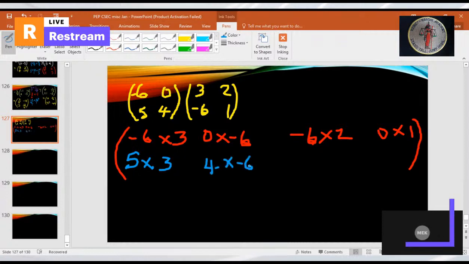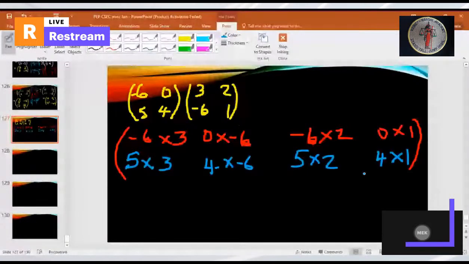And then 5 times 2 and 4 times 1. When you're finished, you should have your numbers lined up: 3 over the 3, negative 6 over negative 6, 2 over 2, 1 over 1. So that's how you know you're on the right track. Check that your matrices line up.